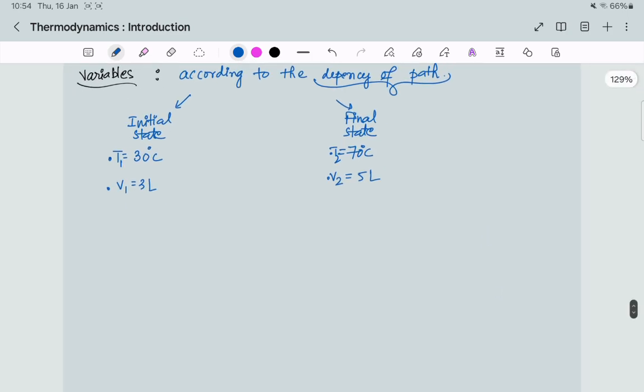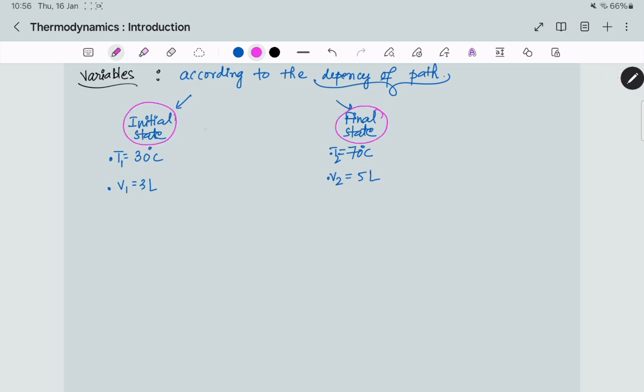So the variables which depend on the path, they will be termed as so we are changing. Now one more thing, we are going from initial state to final state.